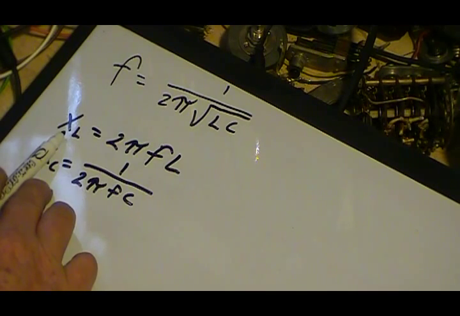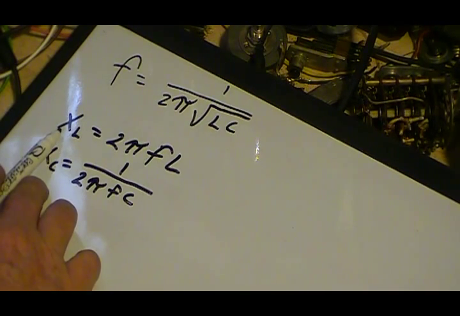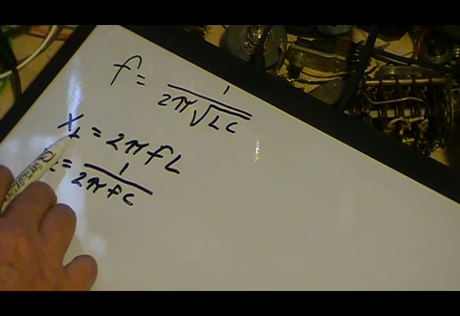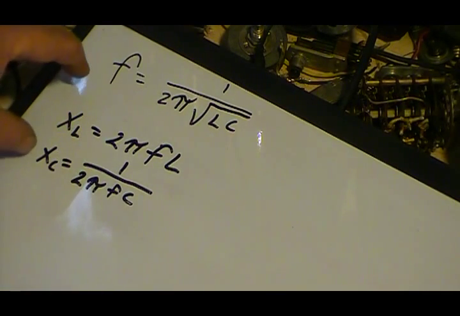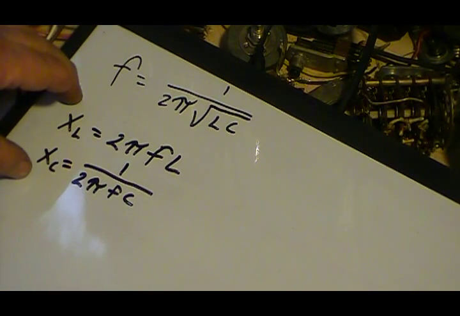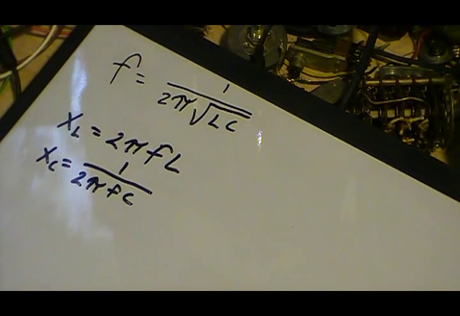What these are: X sub L is inductive reactance, and X sub C is capacitive reactance. Basically they are a measure, in ohms, of the resistance that either an inductor or capacitor has to change.